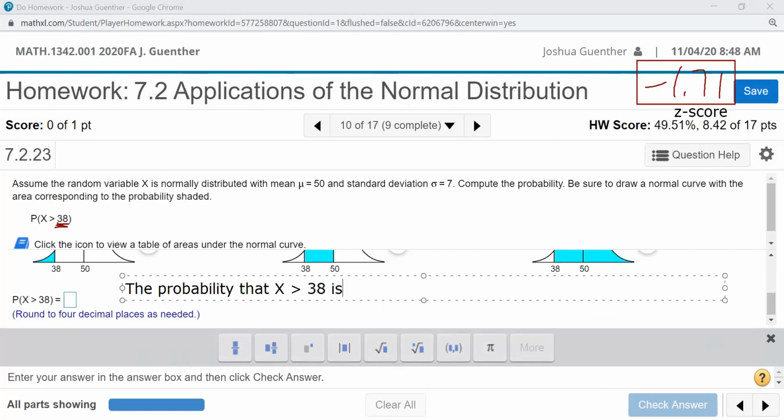The probability that x is greater than 38 is the same as the probability that a z-score is greater than negative 1.71, because we calculated a z-score of negative 1.71 for an x value of 38.